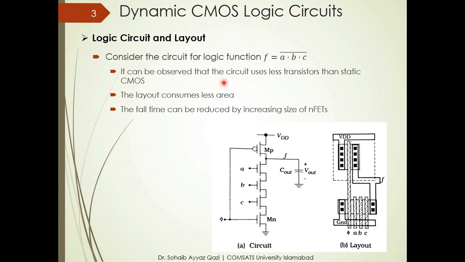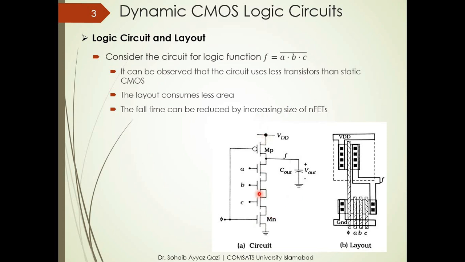If we observe, the circuit uses fewer transistors than static CMOS. This logic implements a NAND gate, but if you have seen earlier, a 3-input NAND gate uses more transistors as compared to this one, because we have a pull-down network and we had earlier a pull-up network as well. 3 NMOS are required for the pull-down network and 3 PMOS are required for our pull-up network.